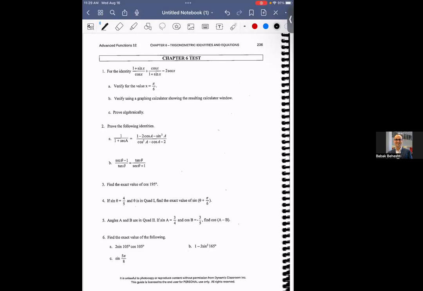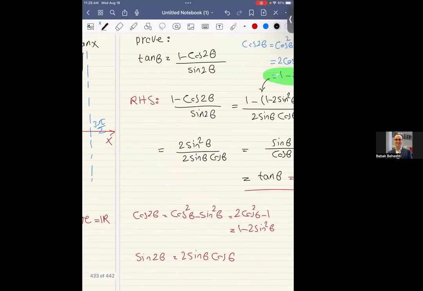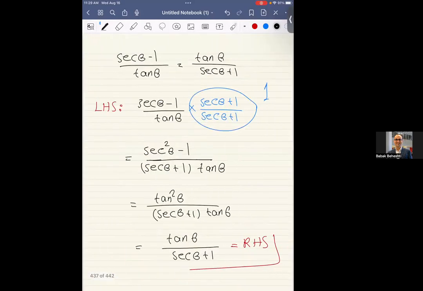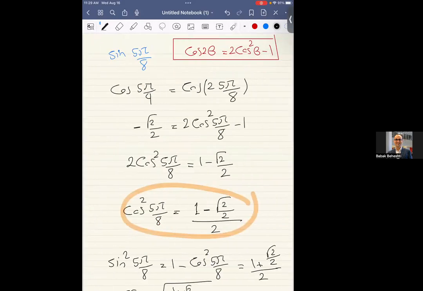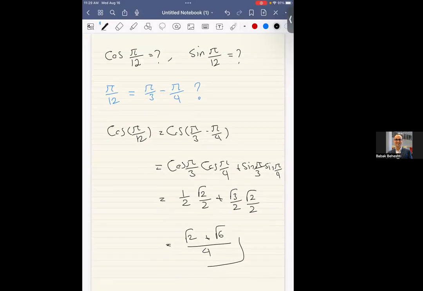195 is 180 plus 15, right? That's right. Now, can you compute? So here is 195. Actually, that's a good one because it's related to pi over 12, right? That's a very good one.